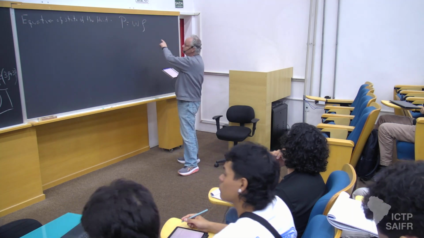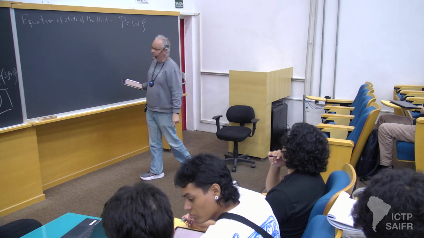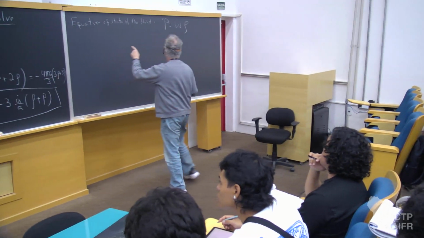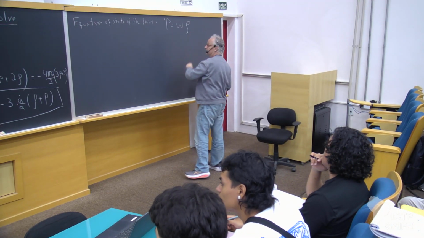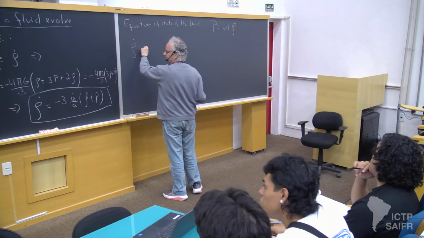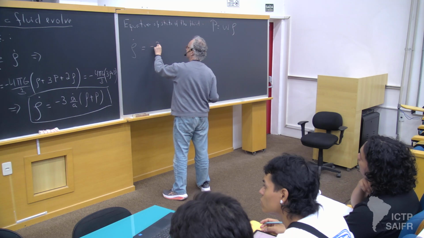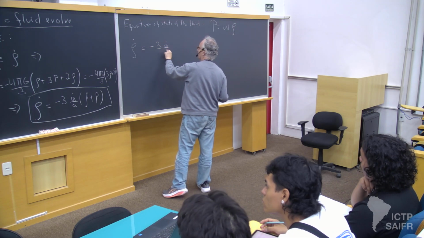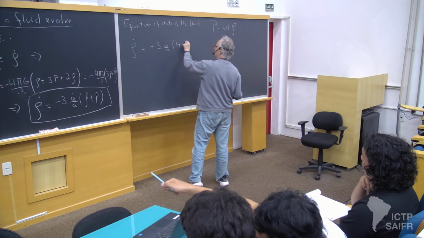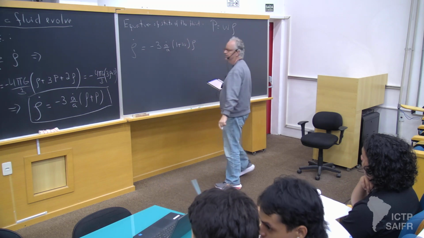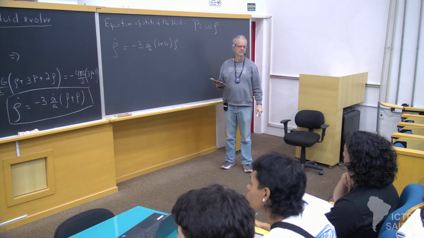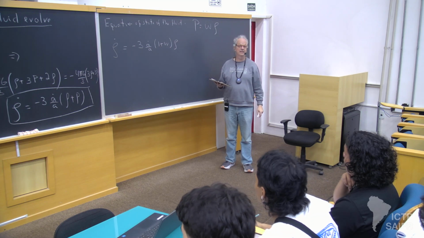So in this case, where there's an equation of state relating the pressure and the energy density of a fluid, you can write this equation as simply 1 plus the equation of state times the energy density.